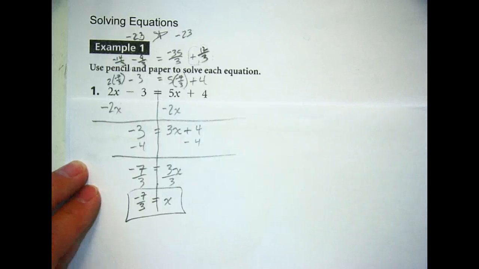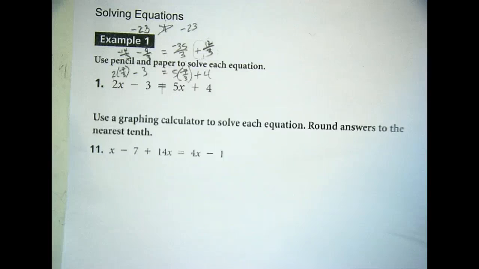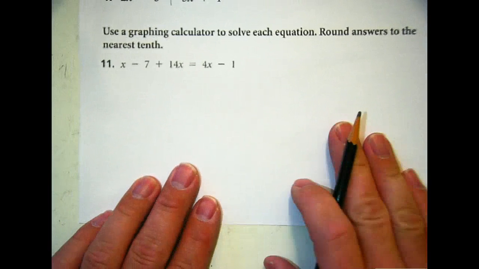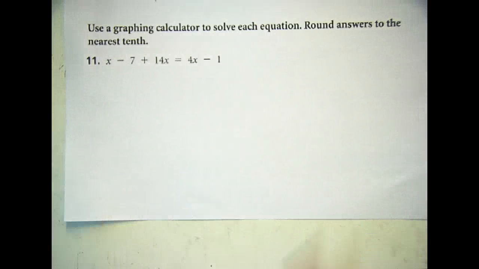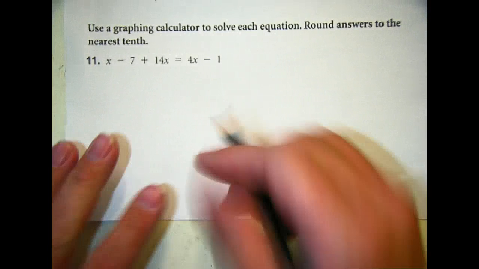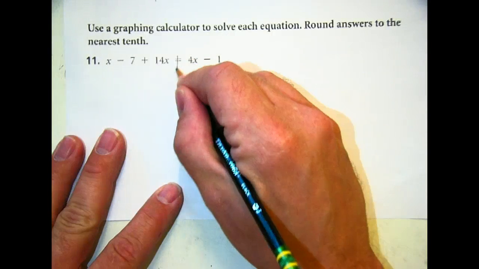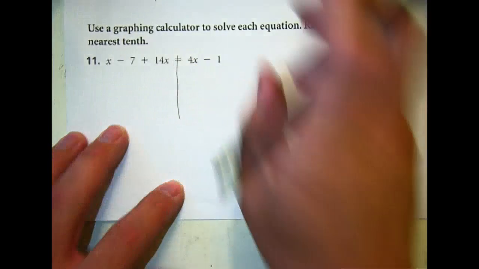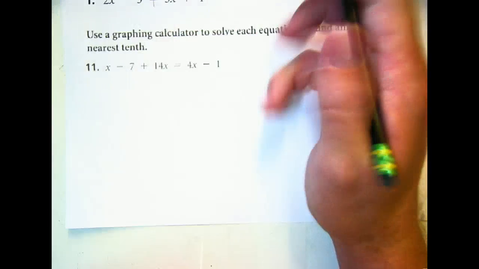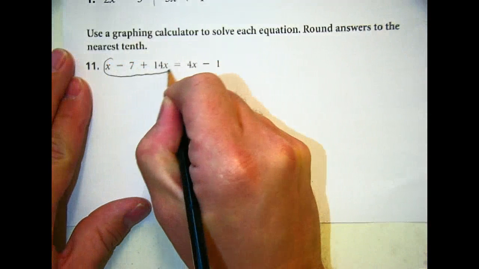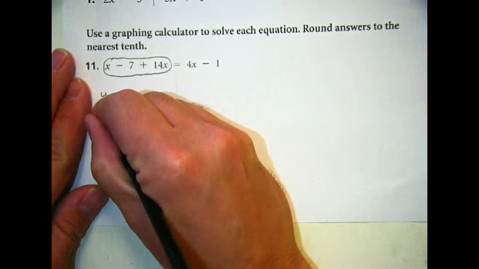Any questions on it? Well, you know how to do those. Let's try to put them into a graphing calculator then. Okay? So in order to do that, we have to do some pre-work real quick. First set of pre-work I want you to do is I want you to think of this as 2 different equations. Okay, I'm going to take this side right here, and I'm going to say y equals that.